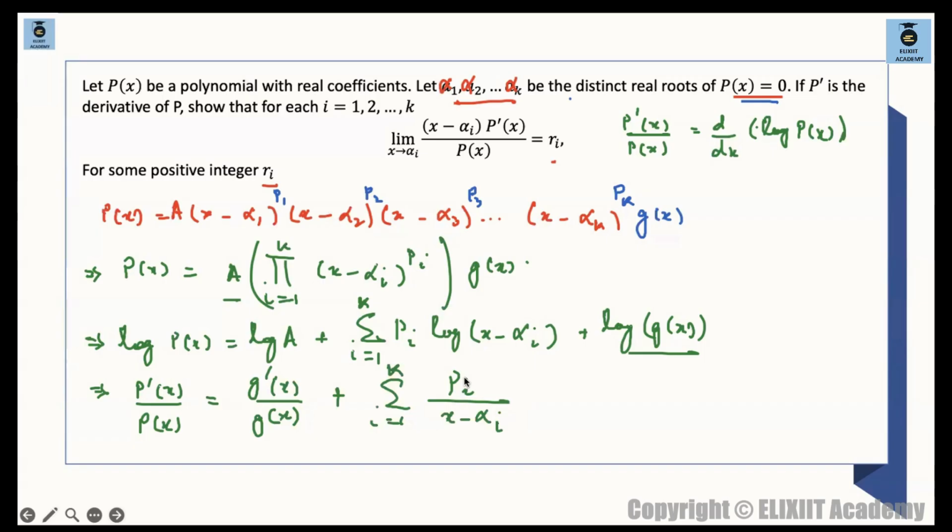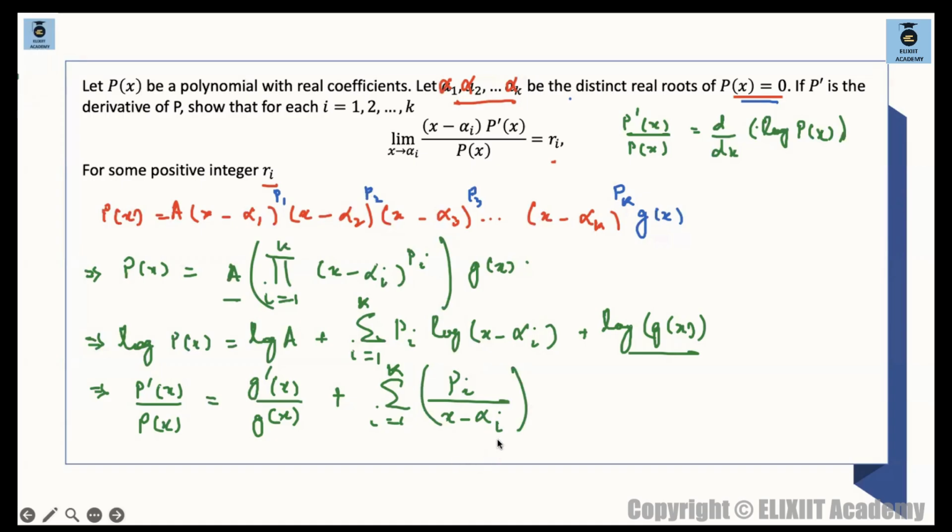So once you differentiate all the terms, the first log, second log, third log, all will have something like 1 by x minus alpha 1, 1 by x minus alpha 2, and so on. We are writing this in a more compact form: summation i equals 1 to k of pi upon x minus alpha i. Hopefully this much is clear to all. Clear or not clear?